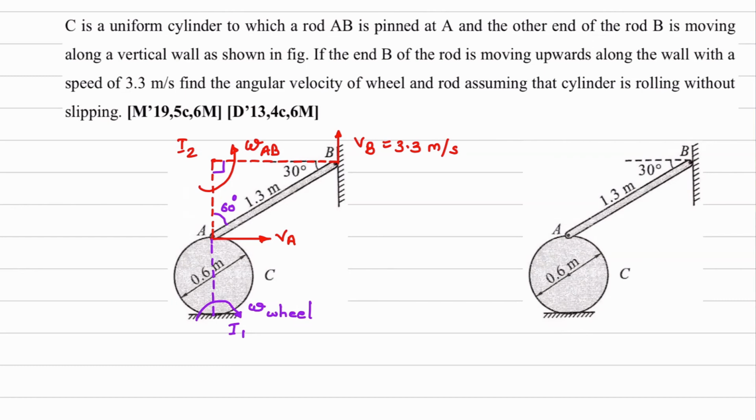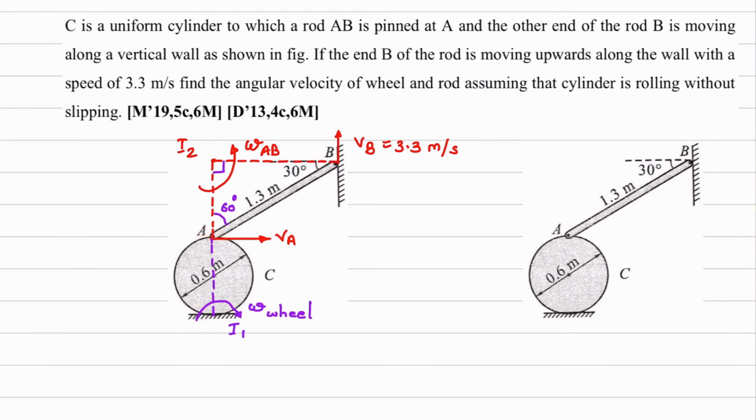Now how to find omega of this bar AB? The velocity of point B is in upward direction. Draw a perpendicular to velocity B, it will be in this direction. Now the velocity of point A could be either towards this direction or this direction.